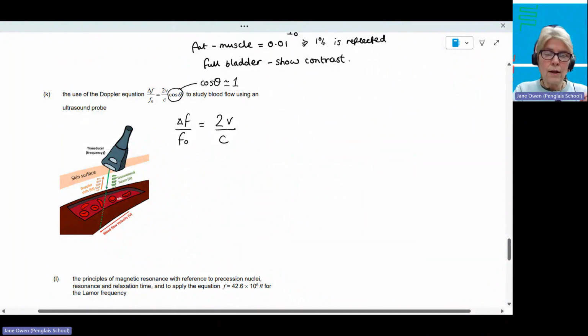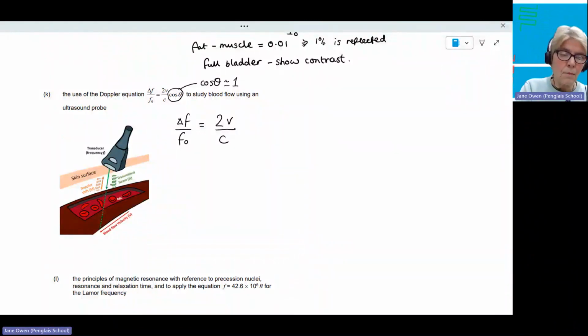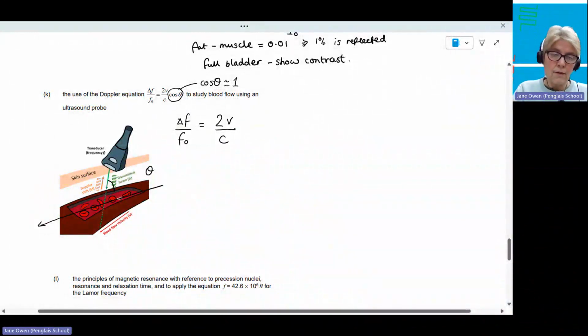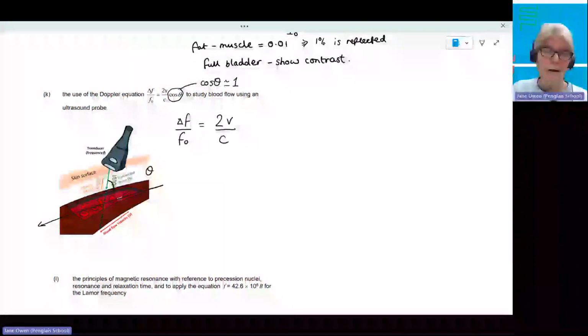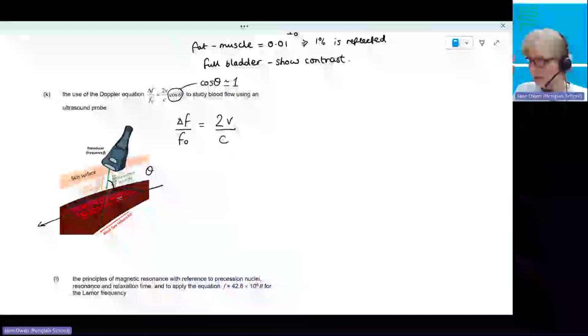That's for if you manage to get the transducer in the right place and that the angle between that ray and the direction of the blood flow is very small, and as you can see here, it's considerably larger. But you are looking at it radially. You're trying to get it as close in line to the blood flow as possible.